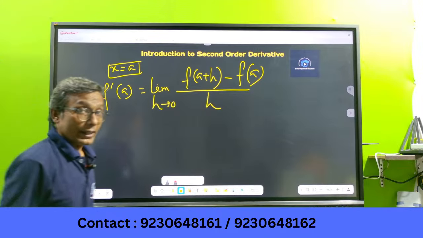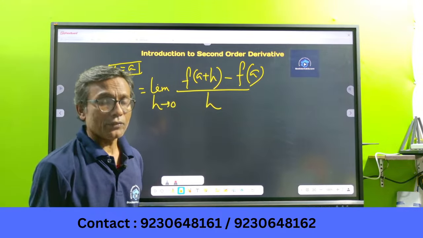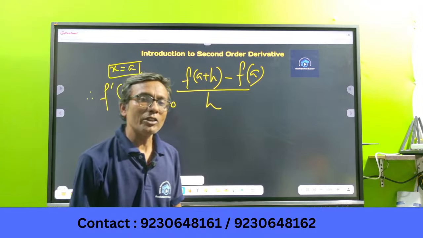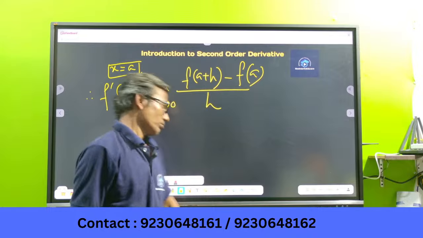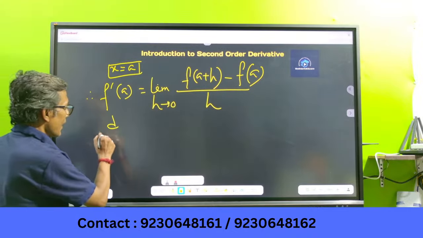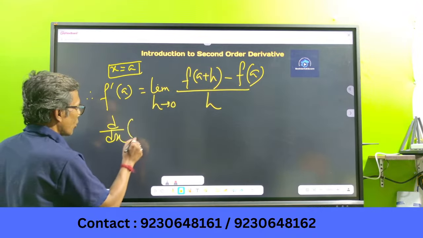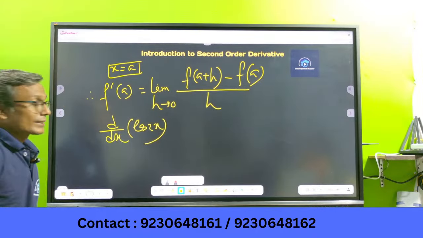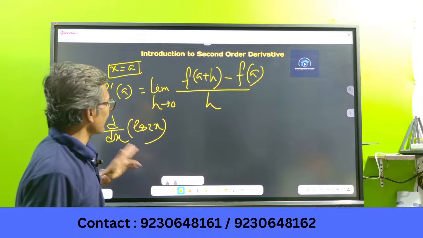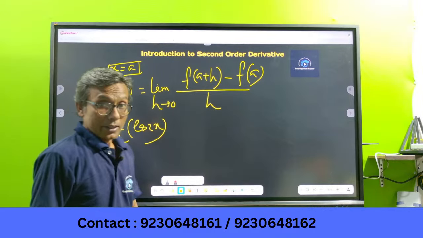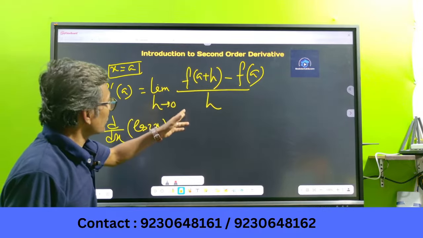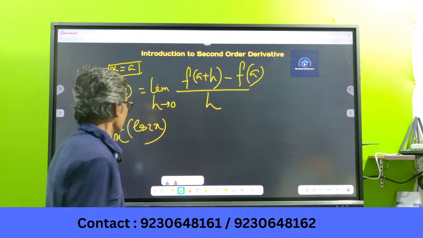I am going to find out the derivative of cos x. So how can it be found out? d/dx of cos x can be found out with the help of the first principle of derivative.